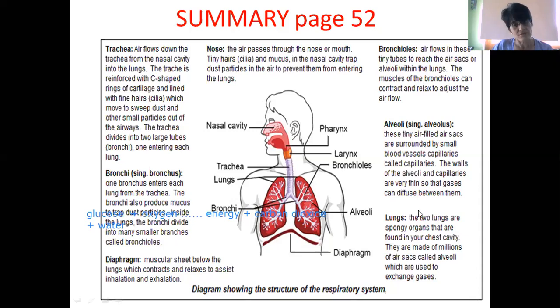Just one thing from the video that I'm going to upload. It's a very nice video, except they talk about the lungs contracting. No, your lungs are not made of muscle. They're made up of lots of air sacs and lots of blood capillaries, because there's gas exchange between the air sacs and the blood capillaries. The lungs do not contract.